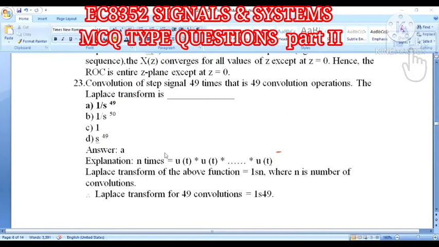Option A is the correct one because n times the operation is performed: u of t star u of t star u of t star u of t. So this is n-time convolution.